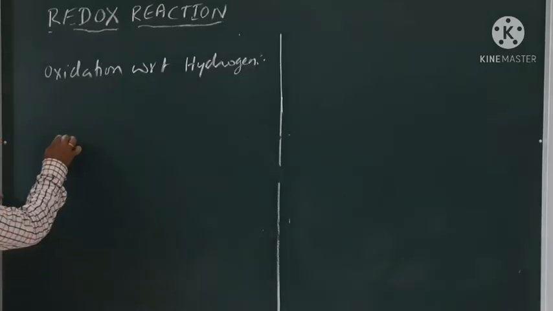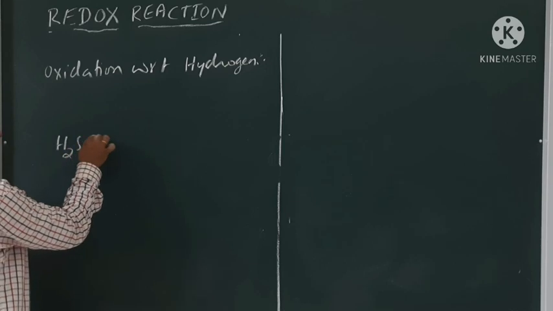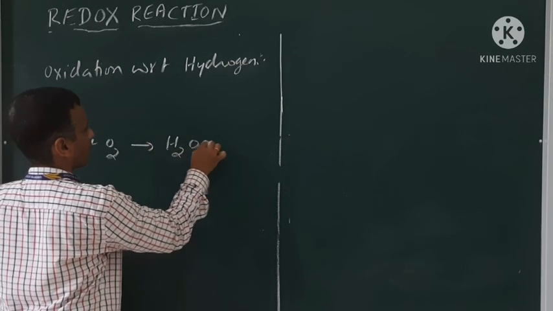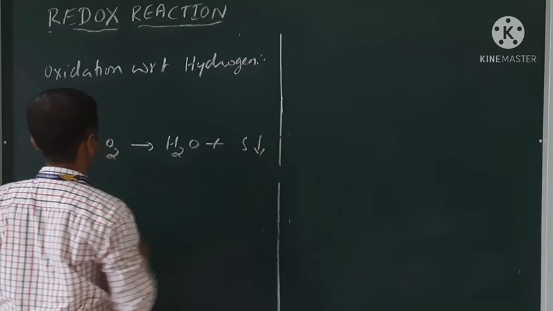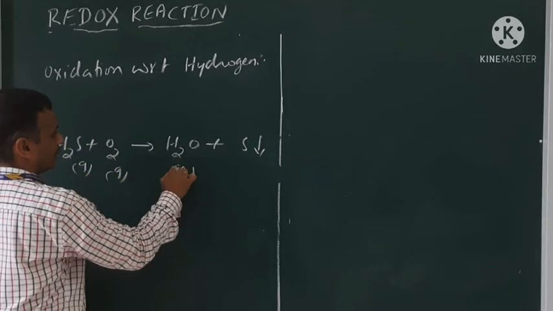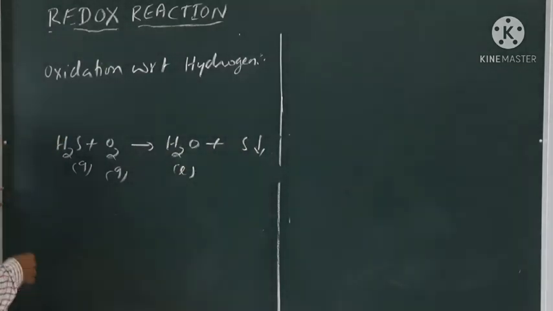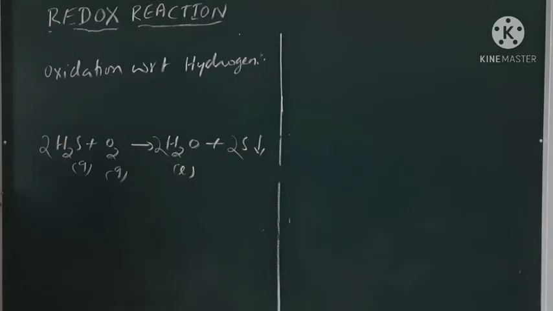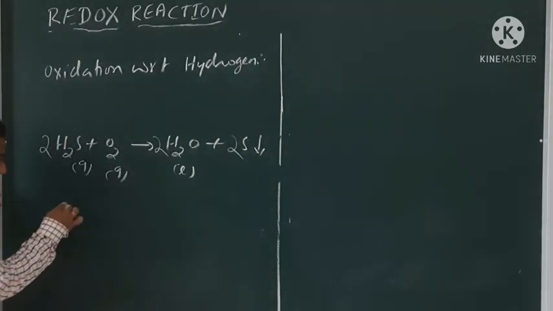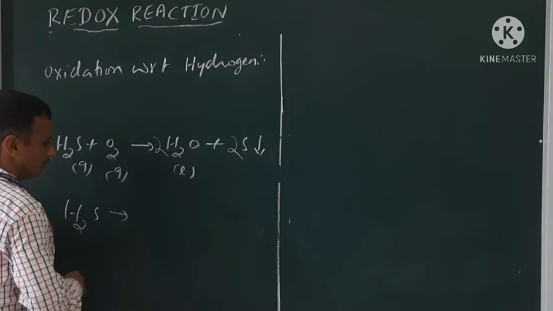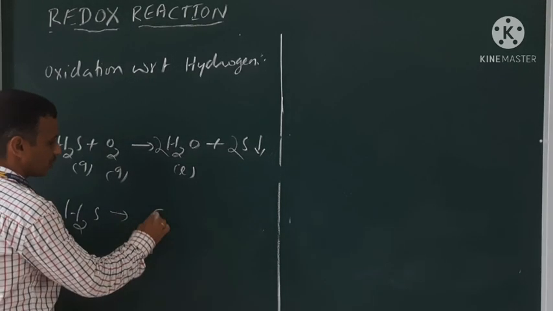Now take this example. H2S plus O2 gives H2O plus sulfur solid. This is a gas, this is a gas, this is a liquid, this is solid. The equation is not balanced, balance it. And just here, H2 yes, and what about sulfur?